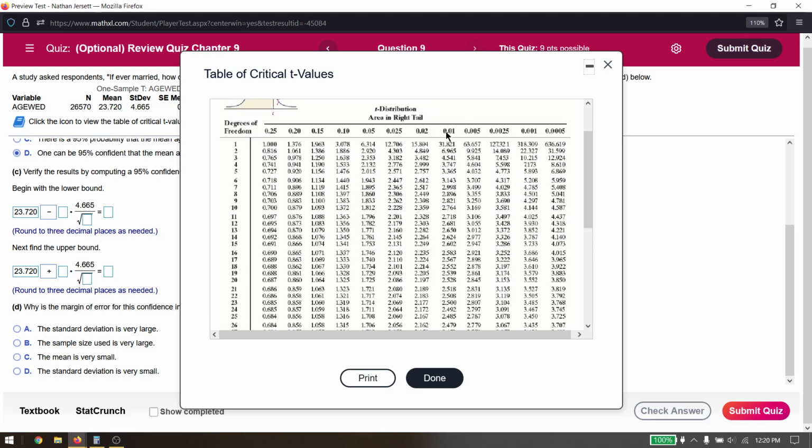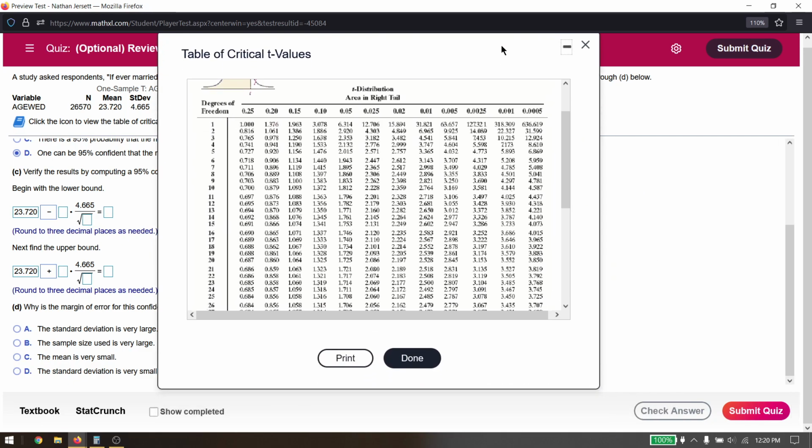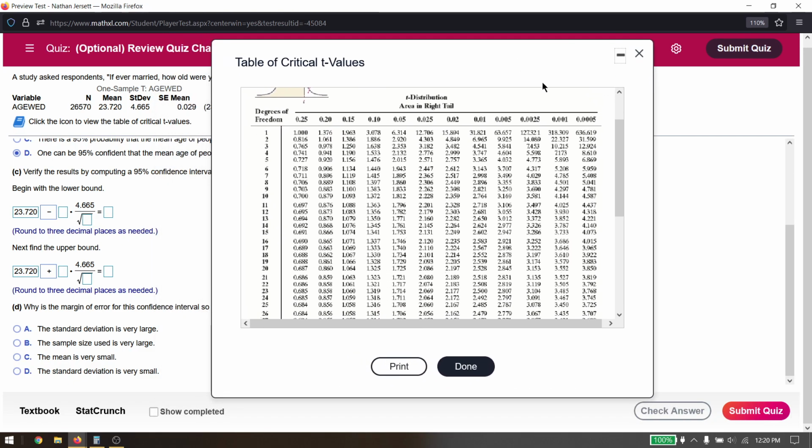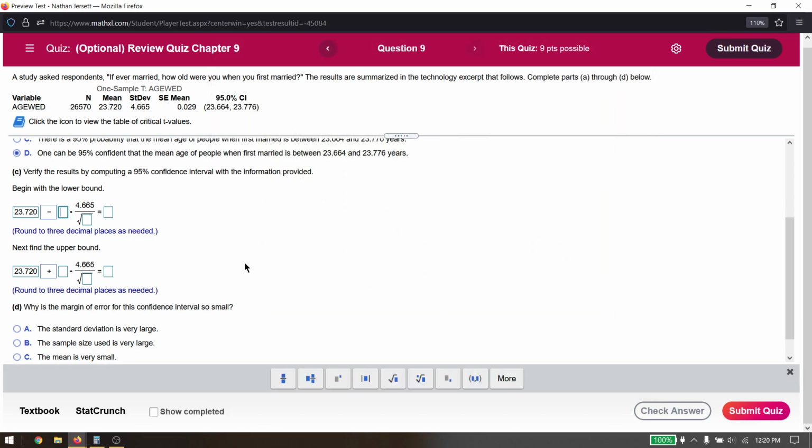With 95% confidence, it's going to be half of the difference, so it should be 0.025. So that should make our z-score 1.960.